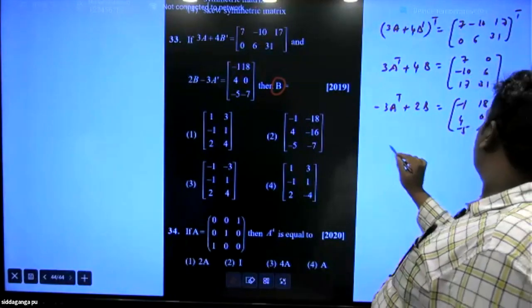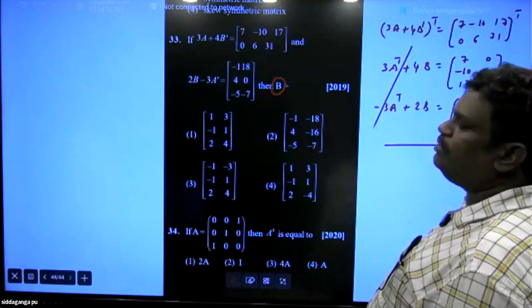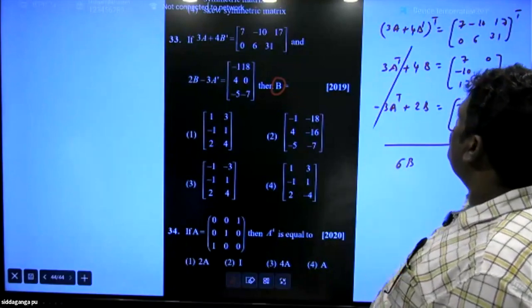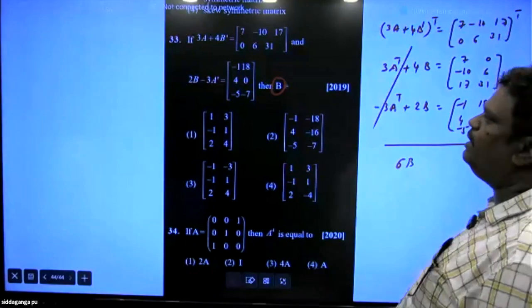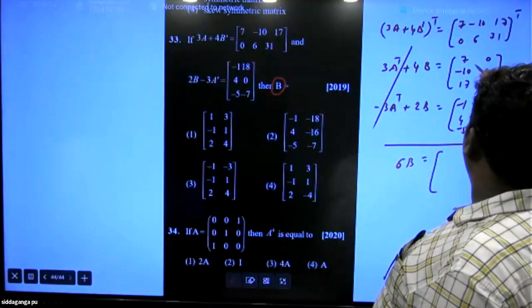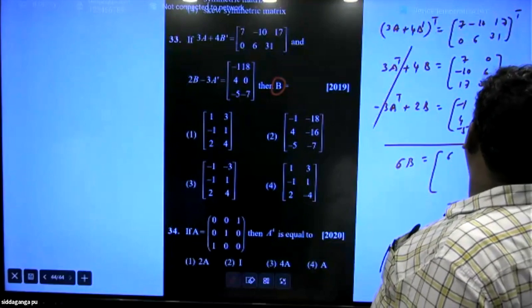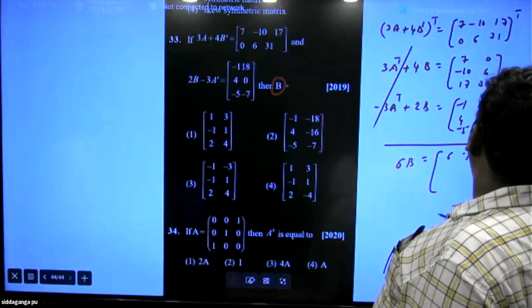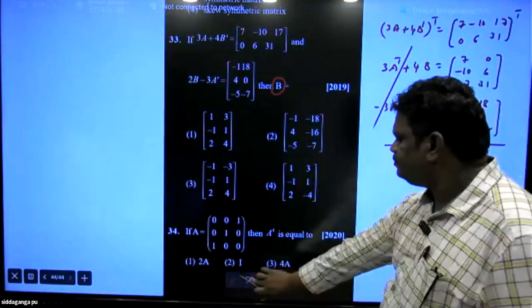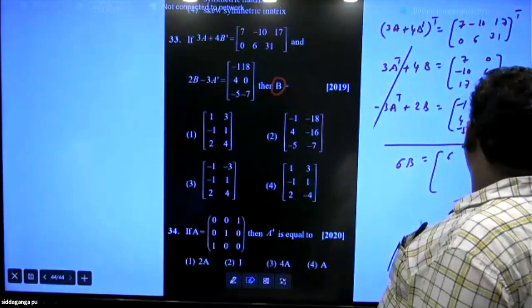We can add these two values. These two cancel. What we get here is 5B plus 2B, 6B. That value is equal to, we add the numbers: 8 minus 1, 6 0, 18 minus 18. Next, if you add the number 18, it means plus 18.